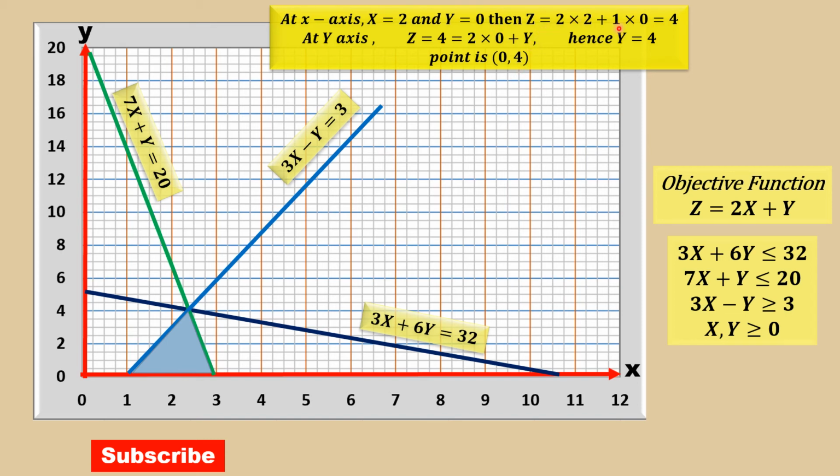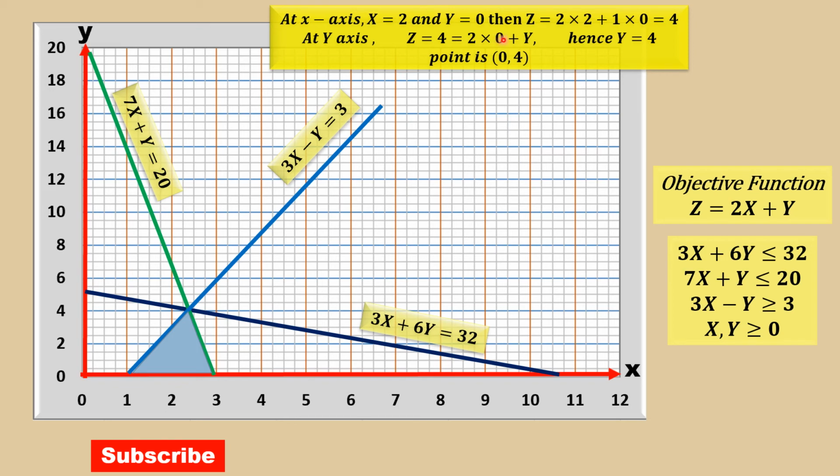Now we want to find z, because we will use this z value, putting here, to find another point on the y-axis. After getting the value z, I put z equal to 4 equal to 2x plus y.